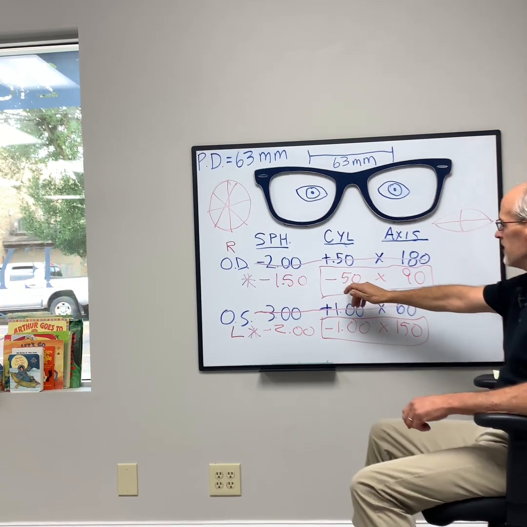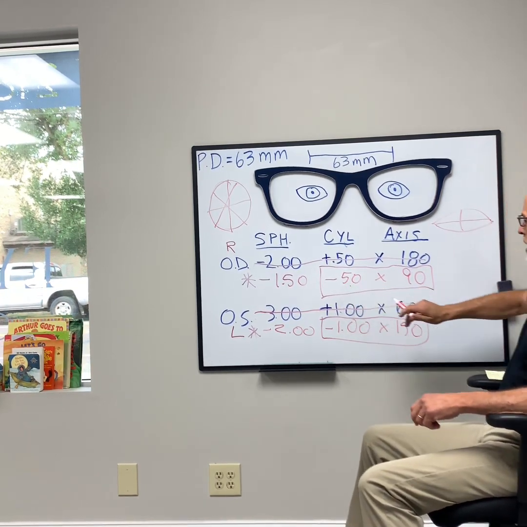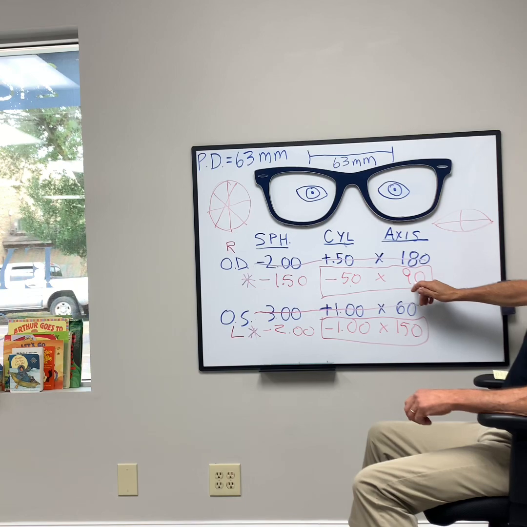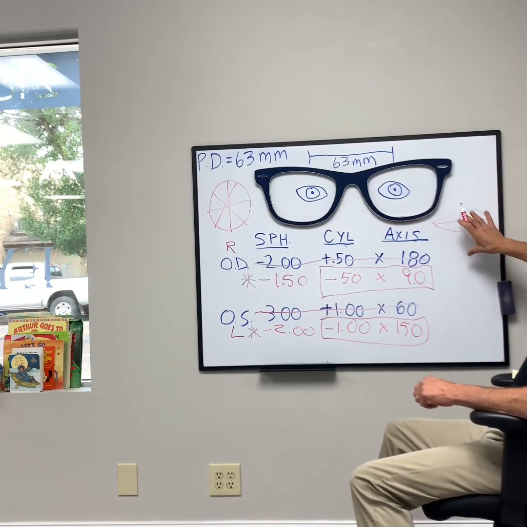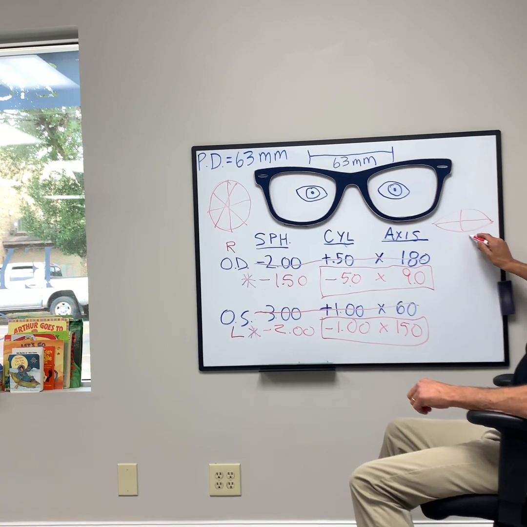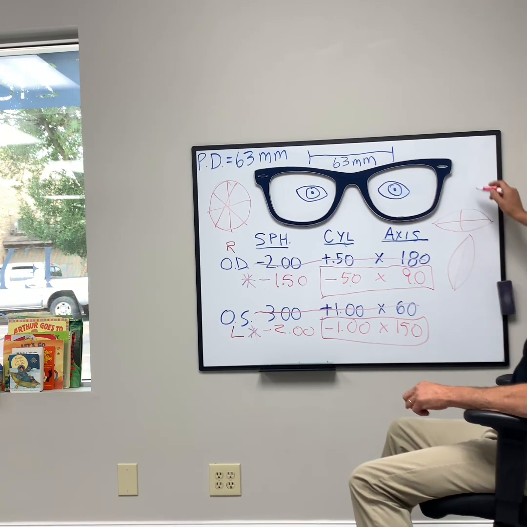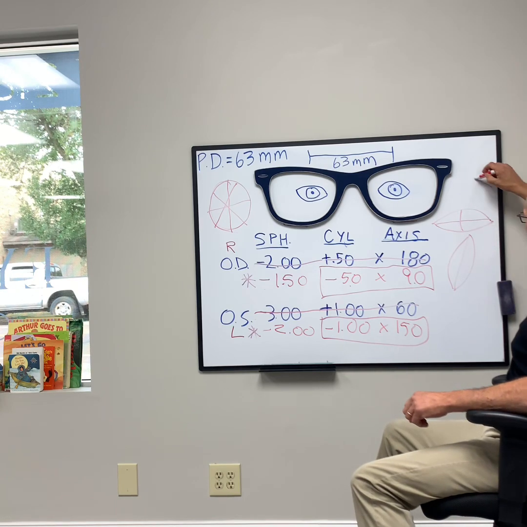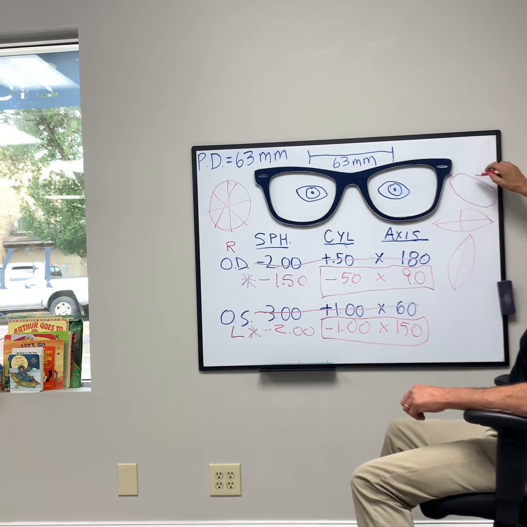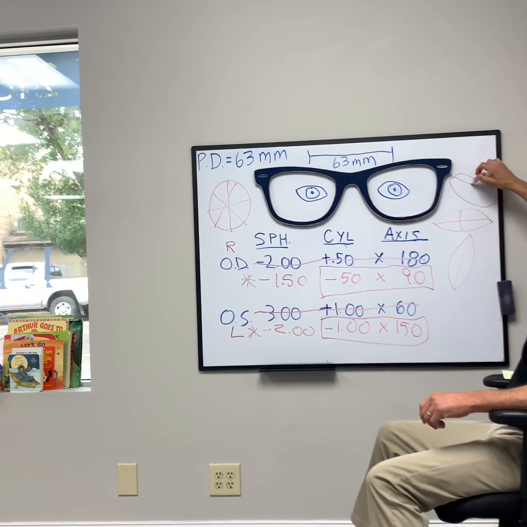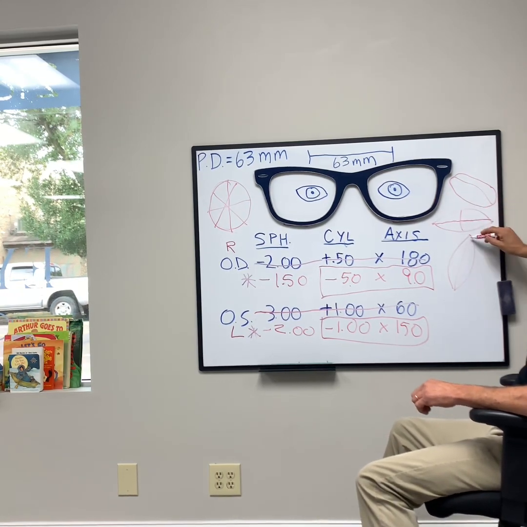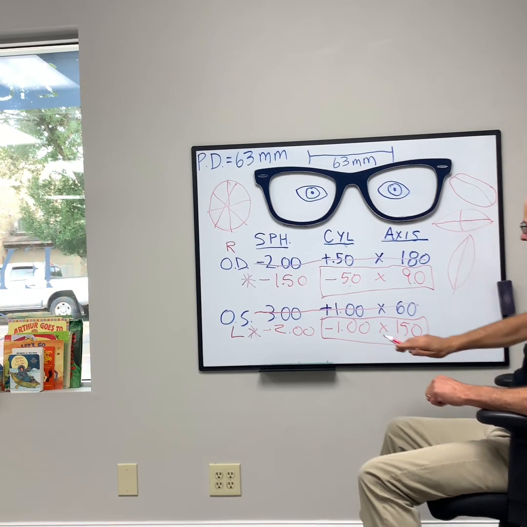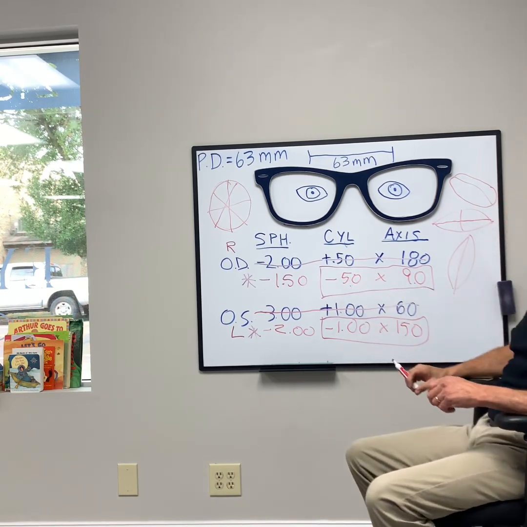So this is the amount of astigmatism, and this is the position at which it needs to be corrected. And your astigmatism, your football-shaped eye, can be like this way, or it can be like this. I'm not a very good artist, but this way. So this is the flattest part of your eye, and that's where that needs to be corrected.